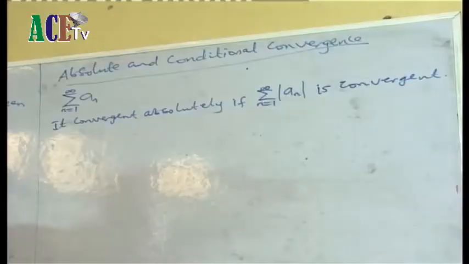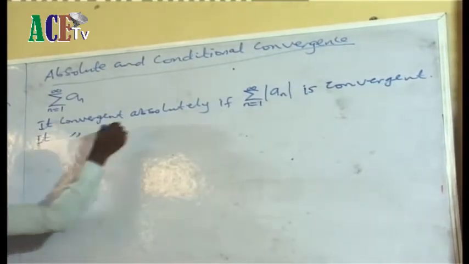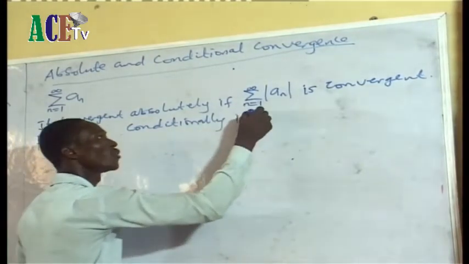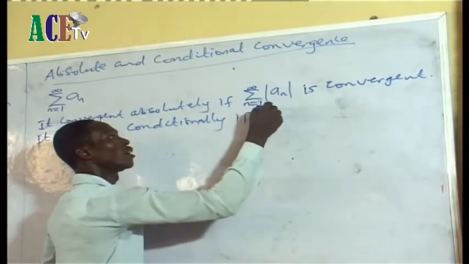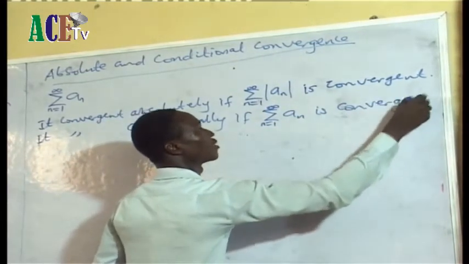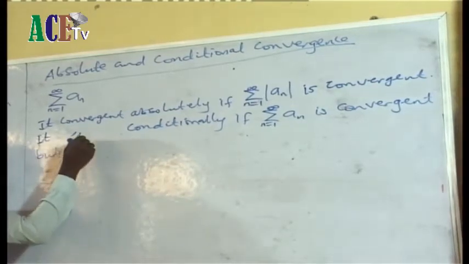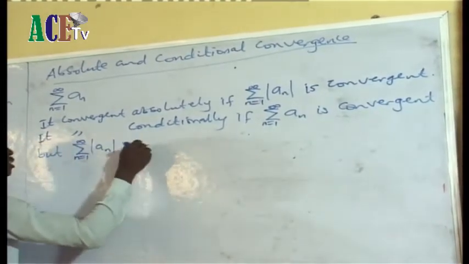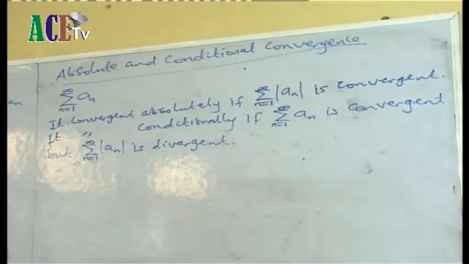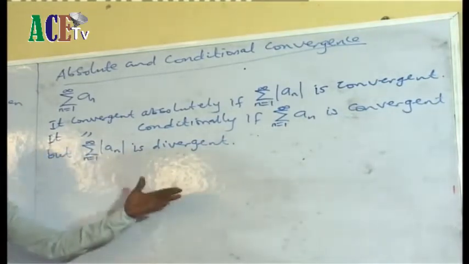But this series will be convergent conditionally if the sum from n equal to 1 to infinity of a_n is convergent, but the absolute value of that series is divergent. If you test for this series and it is convergent, but the absolute value of that series is divergent, then you say it's convergent conditionally.